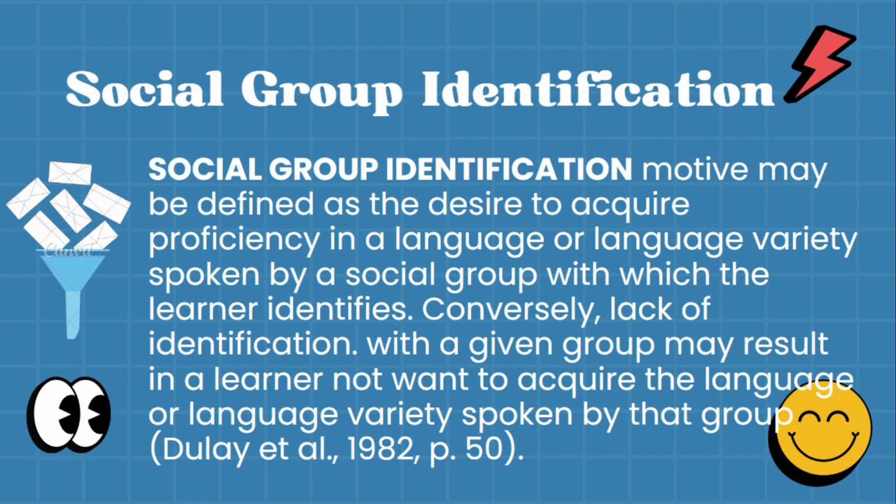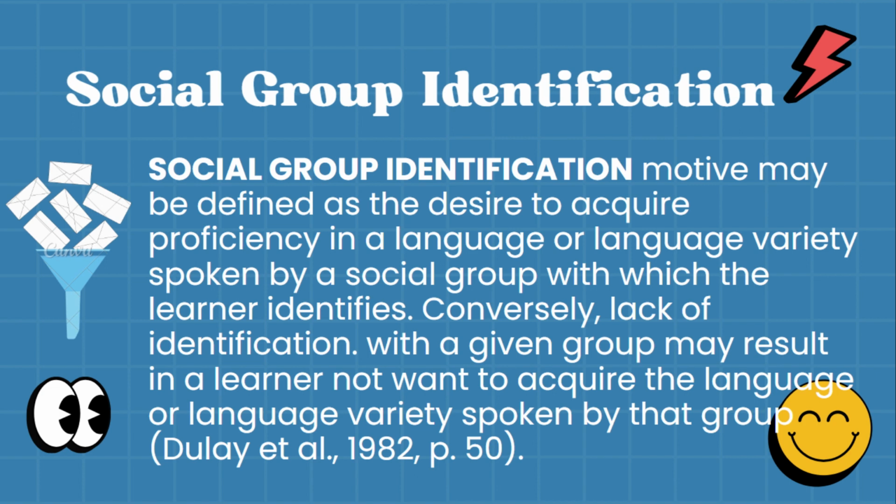Next, it is the last factor, which is the social group identification. So basically, the social group identification is similar to the integrative motivation, but there's a little bit of difference. The social group identification goes further beyond the integrative motivation.